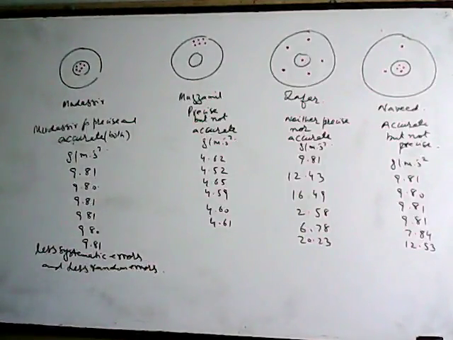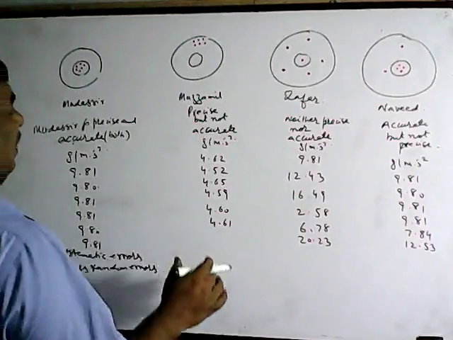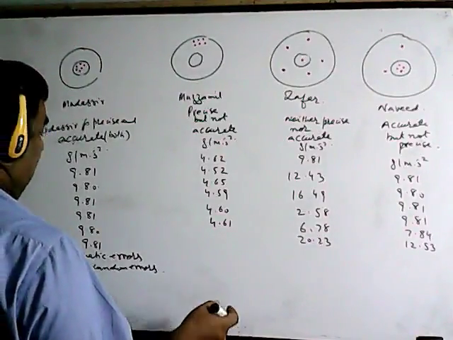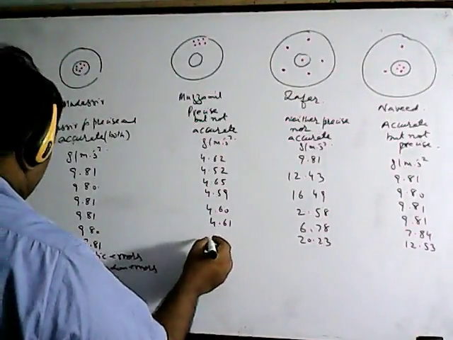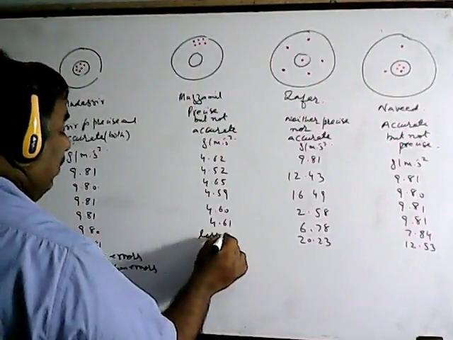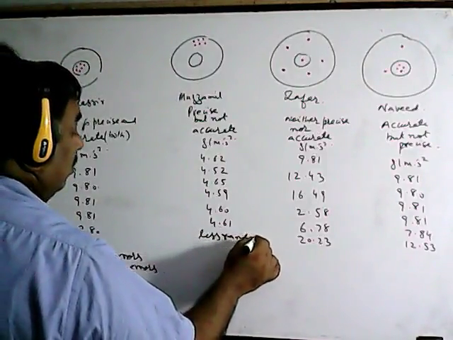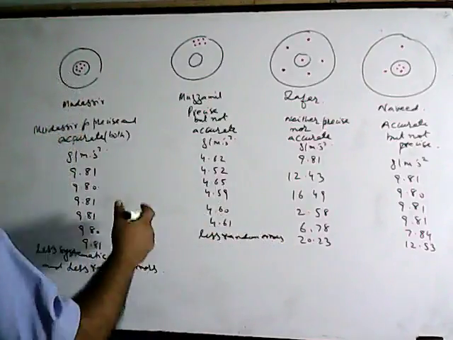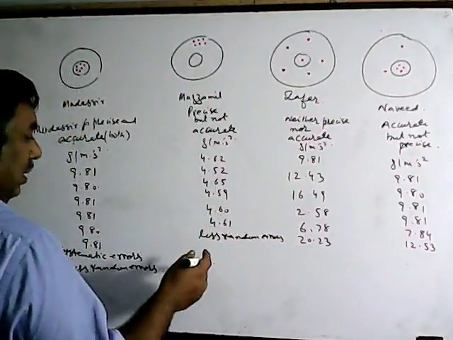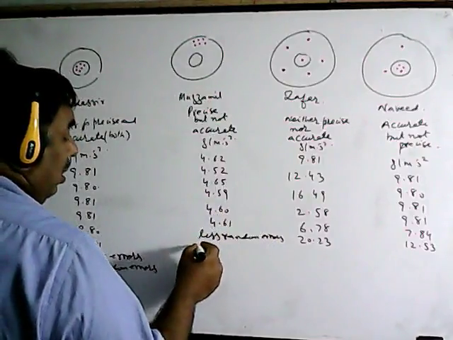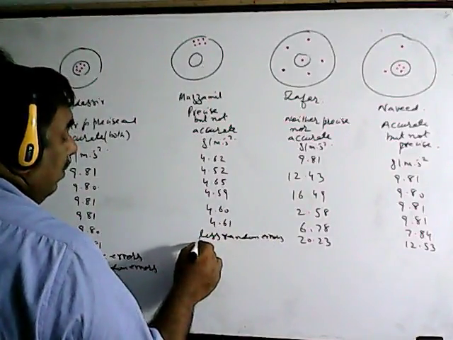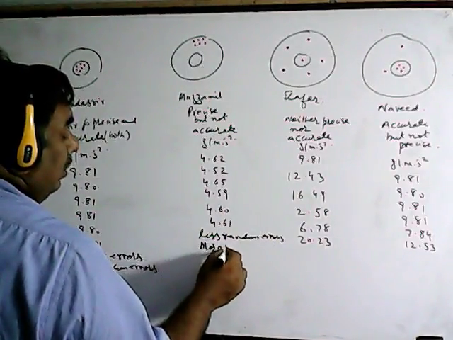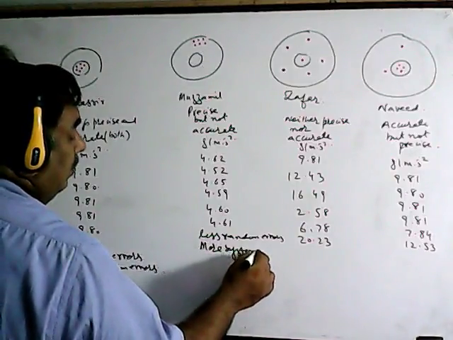Now Muzammil is precise but not accurate, so he most probably has less random errors, but most probably he has some systematic error problem. That's why all his values are coming closer. He may have something wrong: less random errors, but more systematic errors.